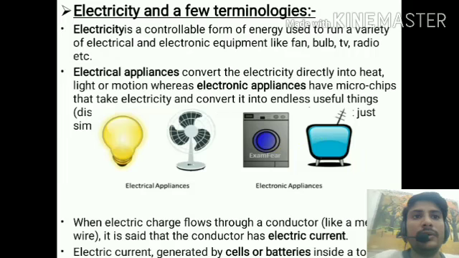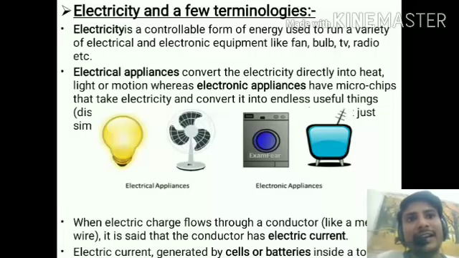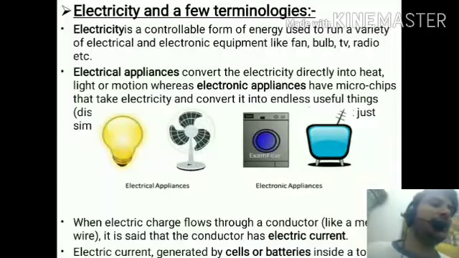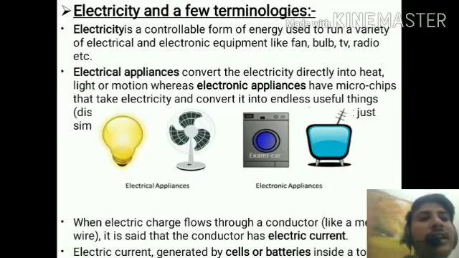Okay, now let's start. The first slide is electricity and few terminology. What is the meaning of electricity?